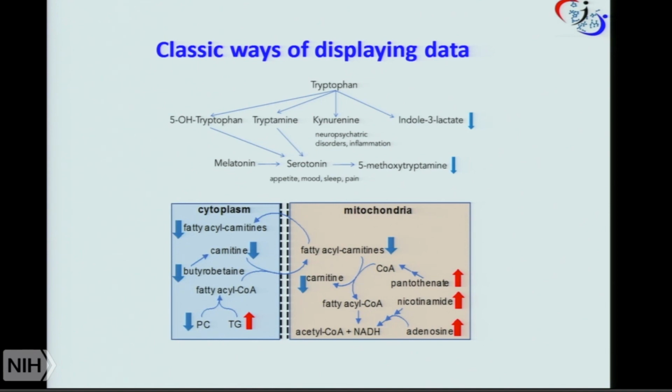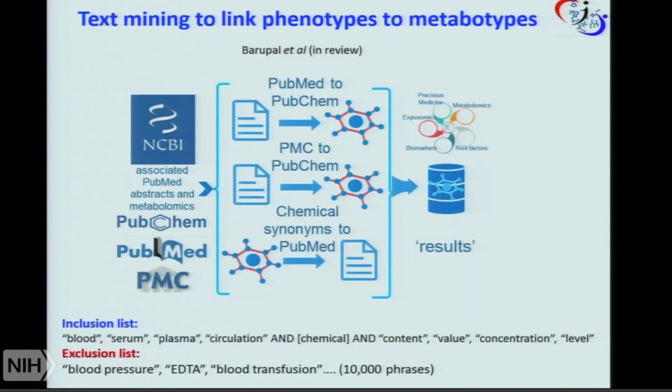So there is this cellular view that needs to be confounded by what we know from the metadata. We can't just do the statistics. So instead, we now do the text mining to link phenotypes to metabotypes. So we now say, instead of relying just on databases, we need to rely on everything that has ever been published. Okay, NIH is very much involved in this because we use NCBI tools here.